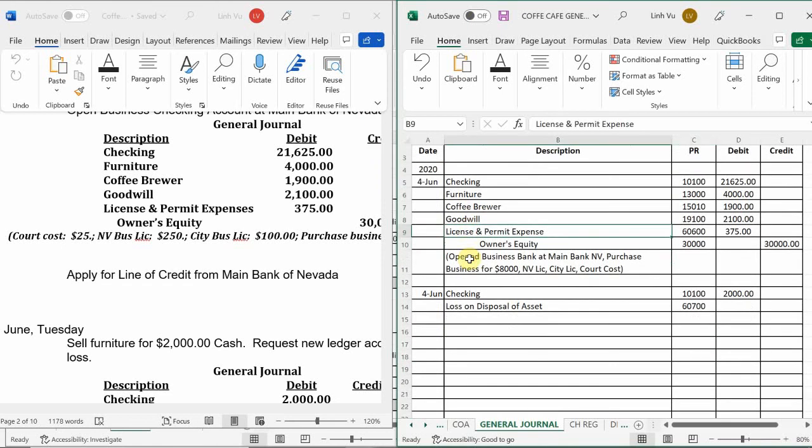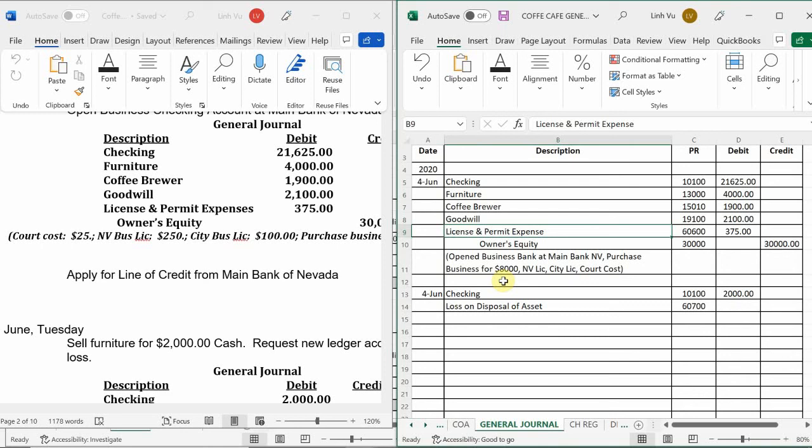So how do I decrease an asset? In this case, I'm getting rid of my asset, so I'm not depreciating it. So am I going to debit the account or credit the account? Am I increasing my furniture or decreasing my furniture? I just sold it. Decrease. You're decreasing it.